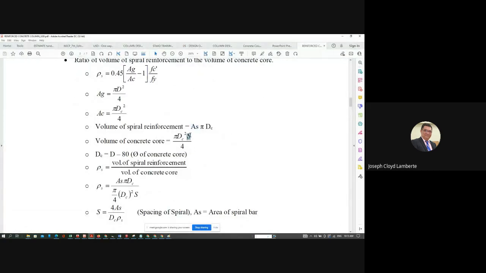So the depth is the spacing of your pitch, where DC is D minus 80, of course, since the covering is 40 mm.